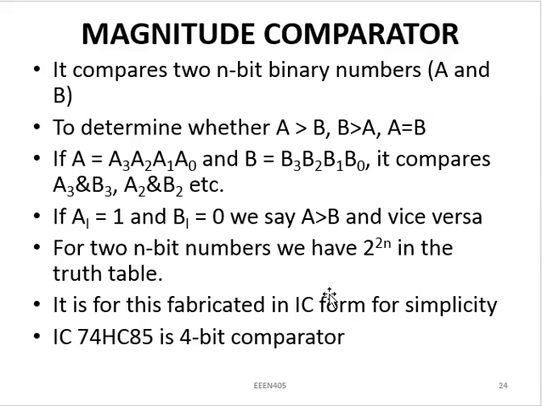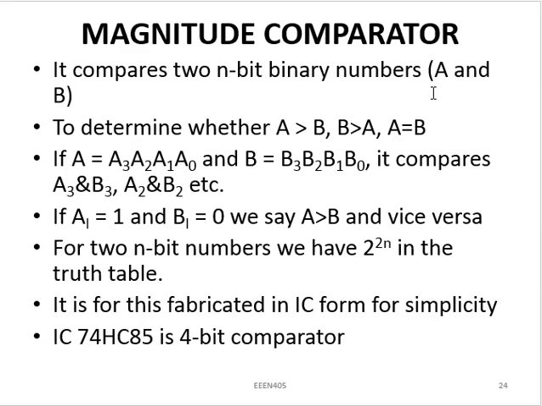The next thing and the last thing in this second lecture is a digital magnitude comparator. This is a digital logic circuit that is used for comparing two n-bit binary numbers. Supposing you have a binary number A that has 4 bits, and another binary number B that has 4 bits.